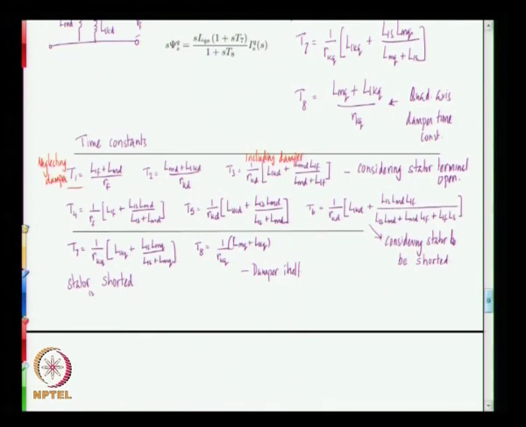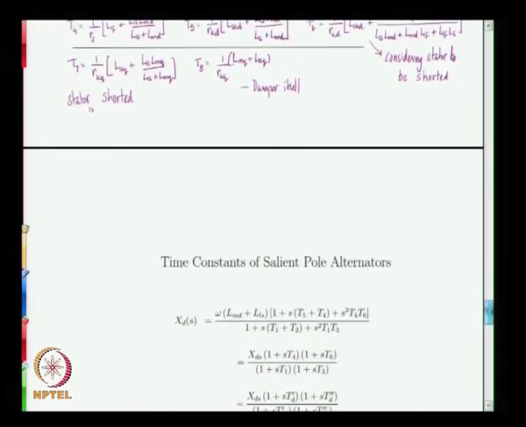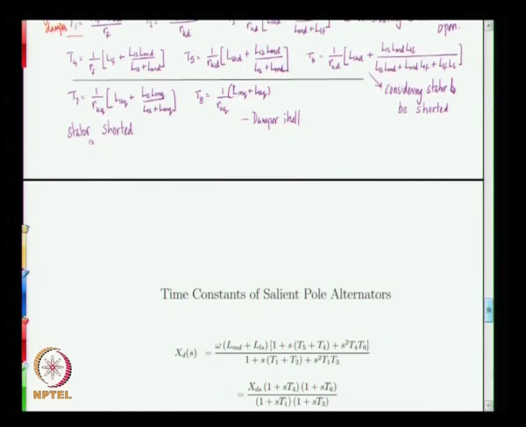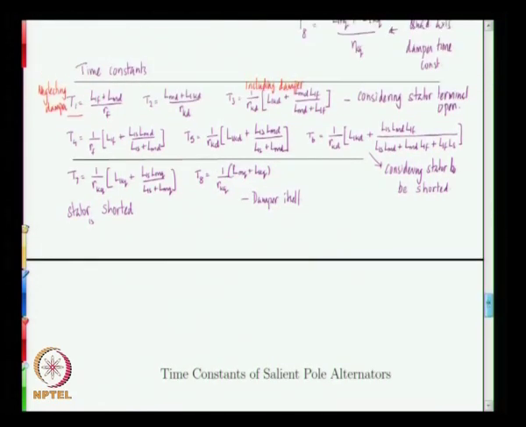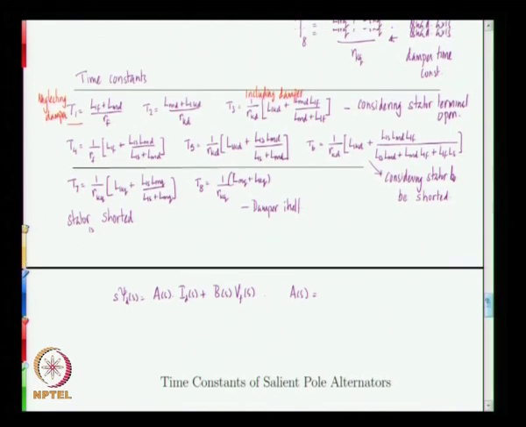Now to take the next step forward, look at the expression that we have derived for S times psi d of S. S times psi d of S was written as A of S multiplied by I d of S plus B of S multiplied by V f of S, and A of S was of this form.